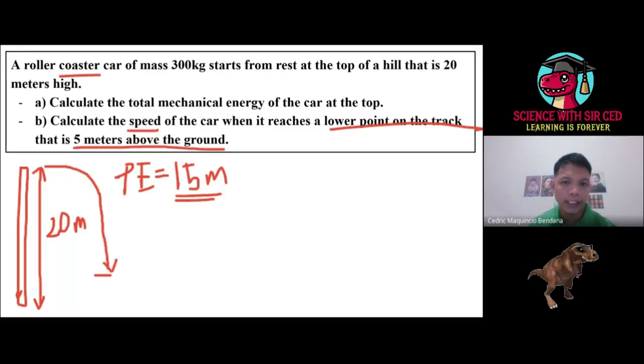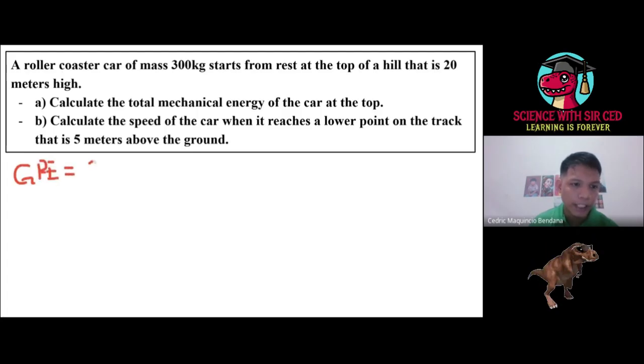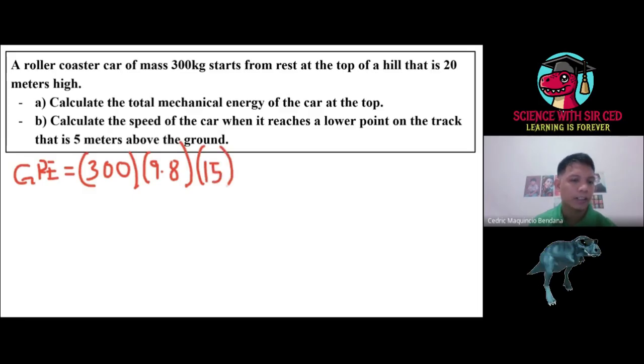So for letter B, we calculate GPE again. GPE is equivalent to 300, that is your mass, multiplied by 9.8, that is your gravity, and then 15 for your height, because the object did not reach 0 meters. It says 5 meters above, so making it 15.